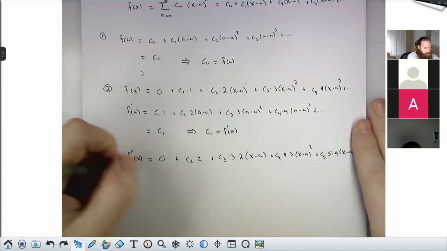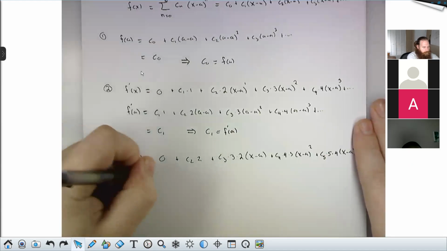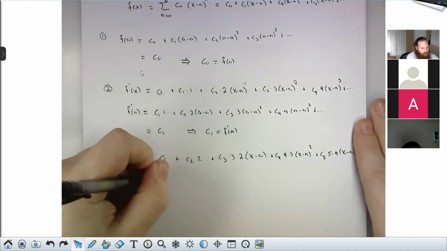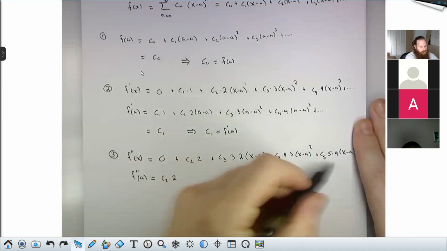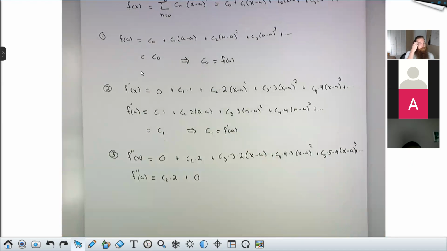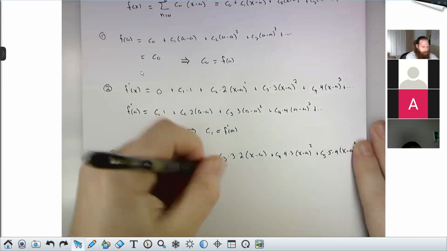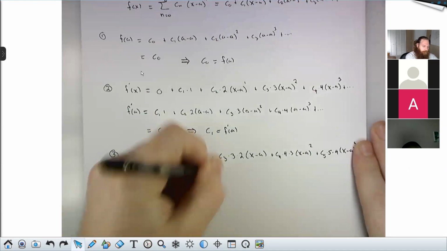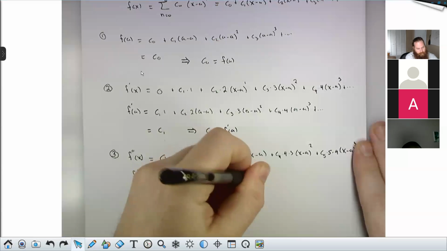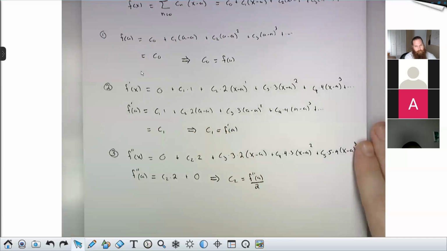And again, if we plug in the center, you'll discover that f double primed of a is 0 plus C2 times 2 plus all of these, which are 0. In other words, C2 is f double primed of a over 2.